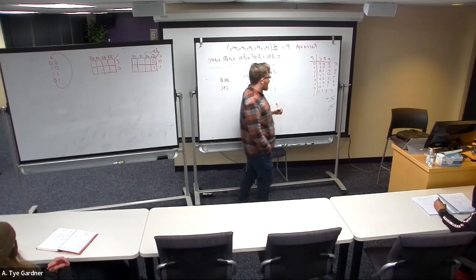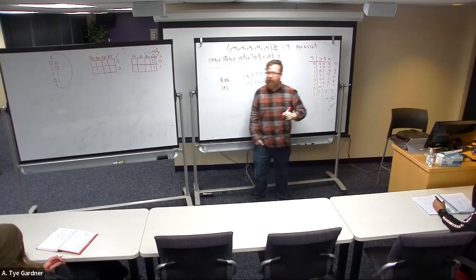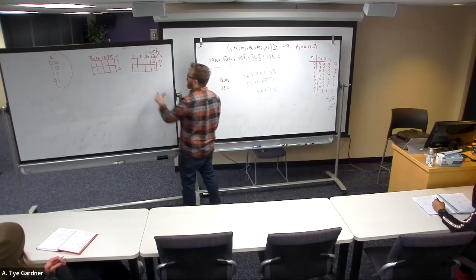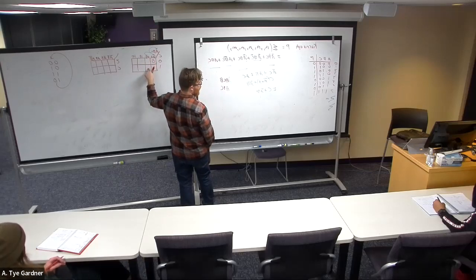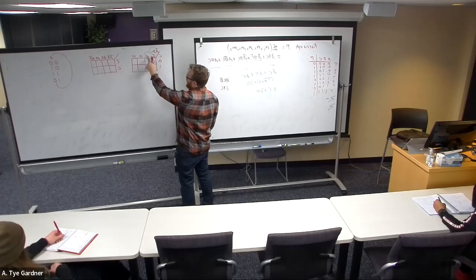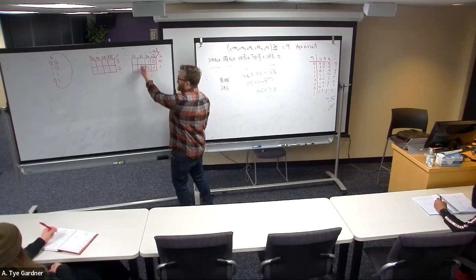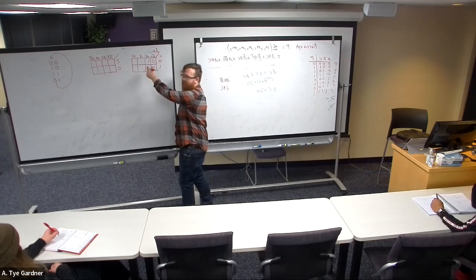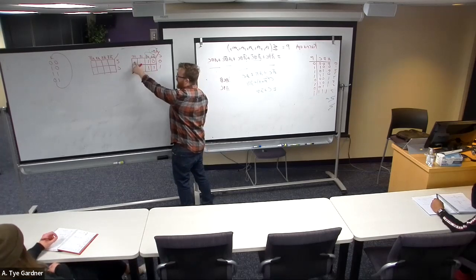Then I have not A, B, not C, that's 1. The next one, not A, B, C, 1. Now I have to skip a row, right? Because this is A, B, C. So we're going to jump over to here.